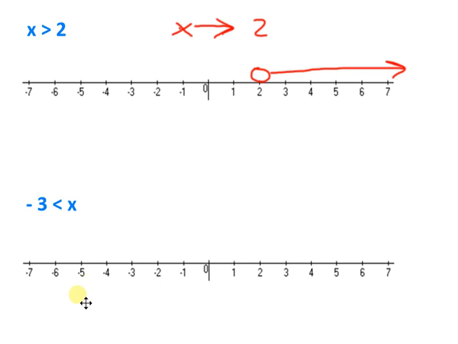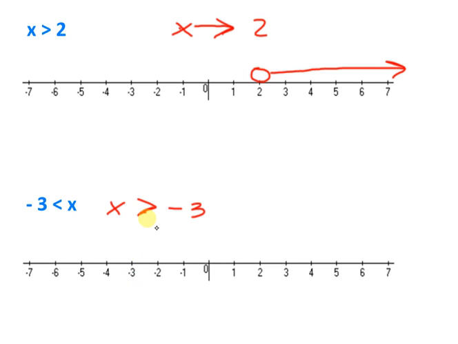Okay, let's take a look at this one here. So, is my variable on the left-hand side? No. So I have to flip everything around. So I'm going to flip the x, I'm going to flip the number, and I'm going to flip the sign. Okay, now I have to locate my number. This time it's -3. Okay, let me change colors. So here's -3.